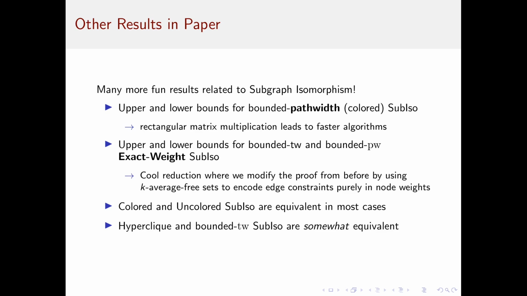We actually also showed a reduction in the other direction, which actually shows that these two problems are equivalent in some sense, and in some way this also gives some intuition for why the hyperclique hypothesis might be the quote-unquote correct hypothesis to look at the bounded treewidth subgraph isomorphism problem with.